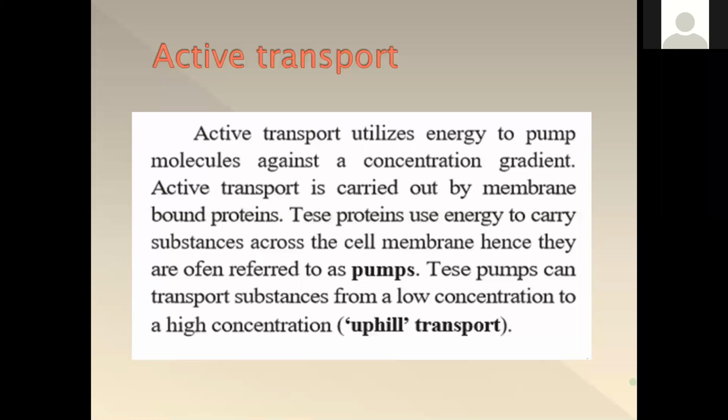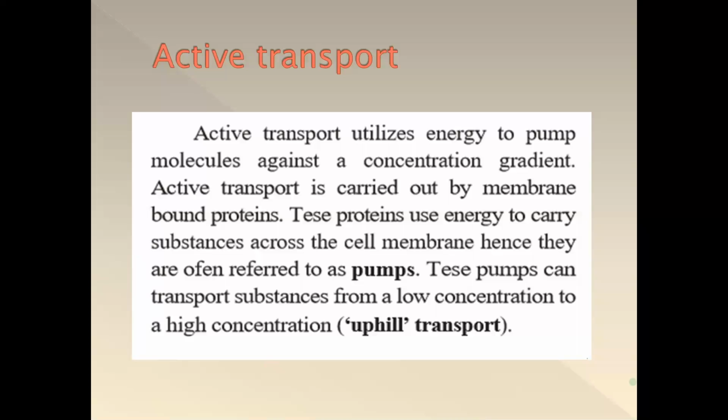How is it being carried out? So active transport is carried out by membrane bound proteins. Okay, so proteins, membrane bound proteins, you have that right from the root. So through the membrane bound proteins, that active transport is carried out.